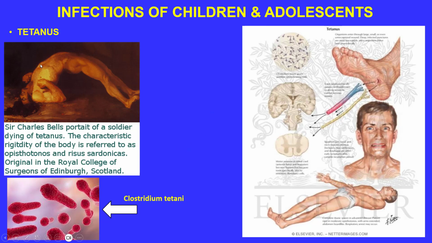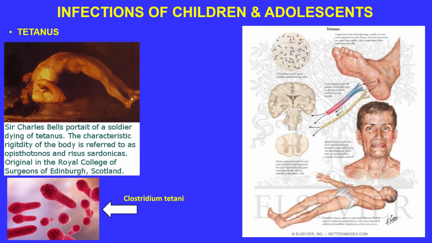Now, this individual was in a battle, and if you knew what occurred on the European continent in the 1800s, there was a lot of wars, and of course people would ride horses and they would go into battle, and of course the grounds were available for the Clostridium tetani, and of course, whatever horse poop was there.